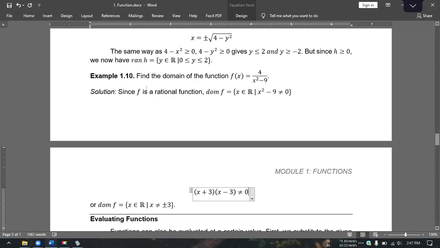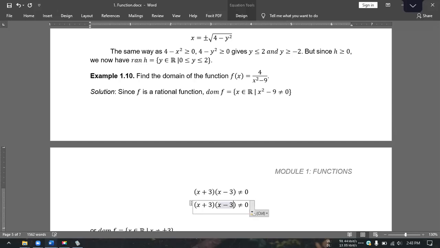And separating these two values of x, we have first one, setting x plus 3 not equal to x, or ipat natin si positive 3 or negative 3.